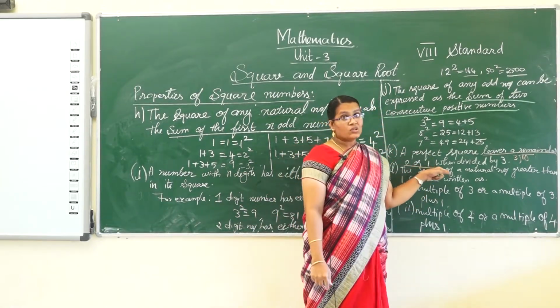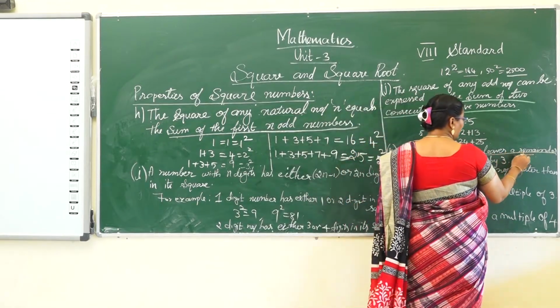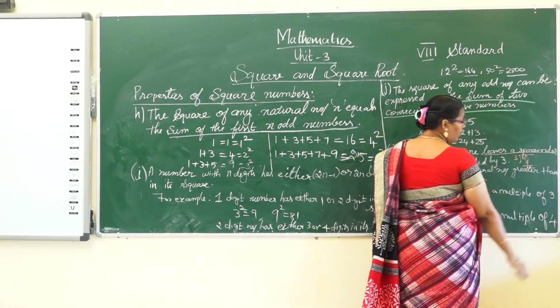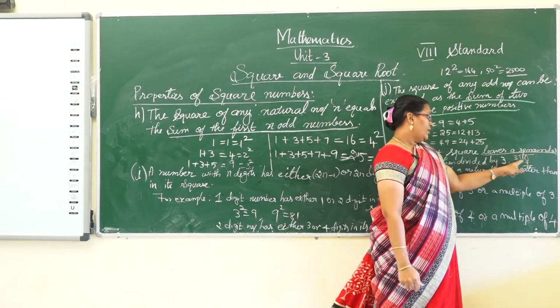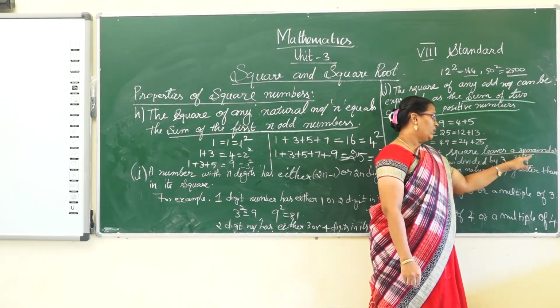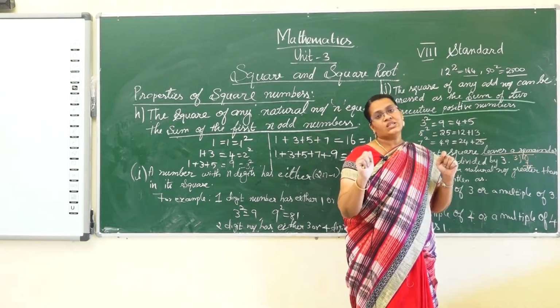We get a perfect square. If we divide by 3, what comes? 3 3s are 9, remainder 1. So leaving the quotient aside, what is left is the remainder. 9 is a perfect square.